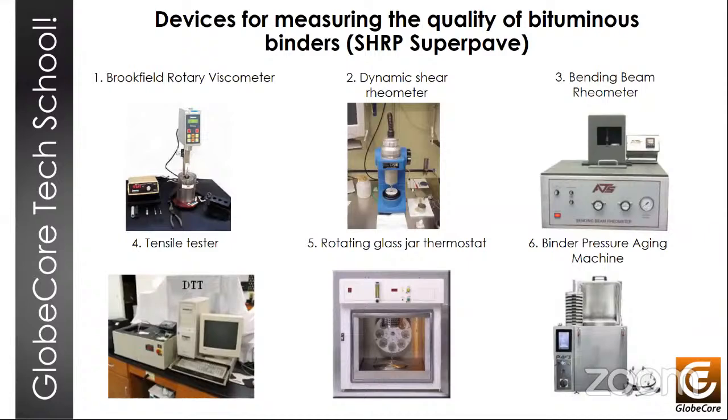The first is the stiffness modulus at a temperature 10 degrees centigrade below the minimum asphalt concrete temperature adopted for each zone. And the stiffness modulus must be equal to or less than 300 MPa. It's determined using a special device, a beam rheometer, which makes it possible to estimate the deflection of a bitumen beam pivotally supported on two struts with a load placed in the middle of the span. And this device is called the bending beam rheometer.